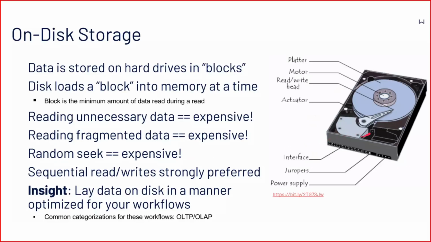Random seek, where you have to move the read-write head back and forth, is also costly. That's why we have to minimize read-write head movement so that we can read the data really quickly.